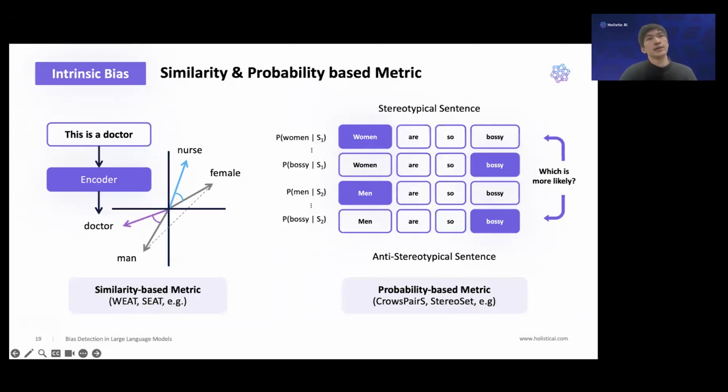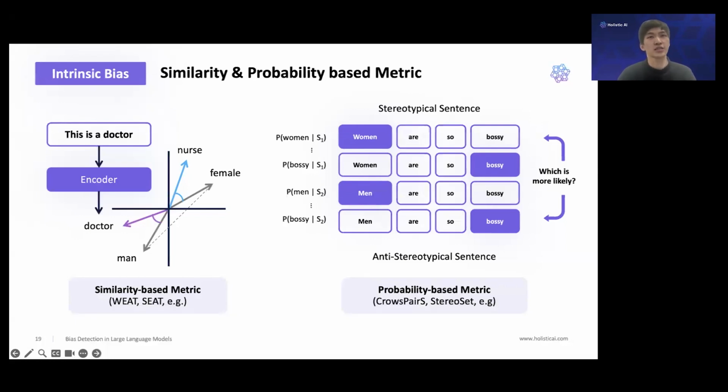To start with, similarity-based metrics leverage the model's embeddings to detect bias. In LLMs, embeddings are dense vector representations that capture relationships between words. Bias can be uncovered by analyzing the proximity of certain words or concepts within the vector space. Let's say, for example, we input a sentence, "This is a doctor," into the model. The model generates an embedding for doctor that represents the relationship with other words.